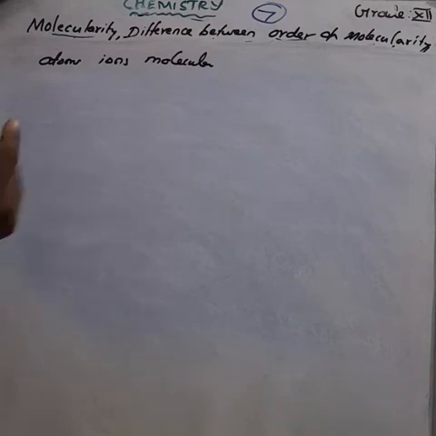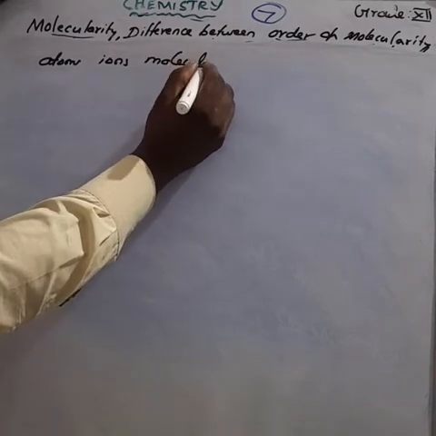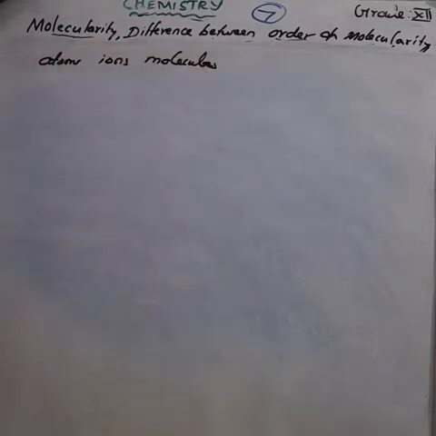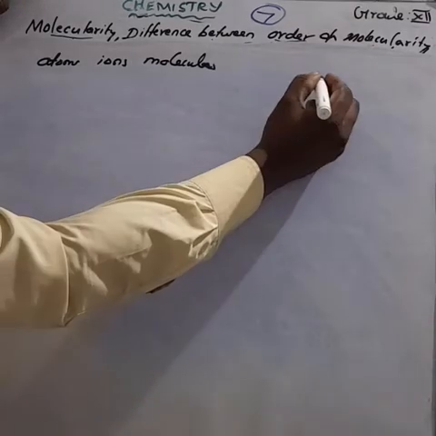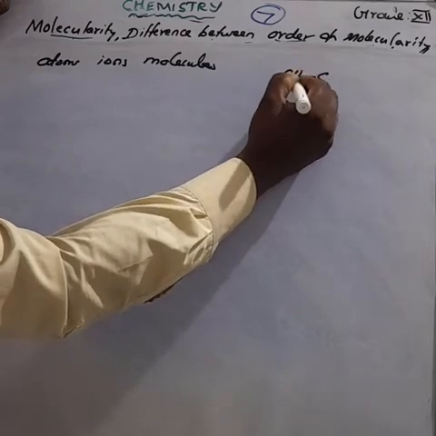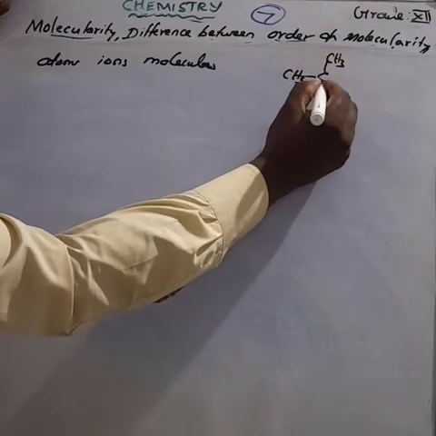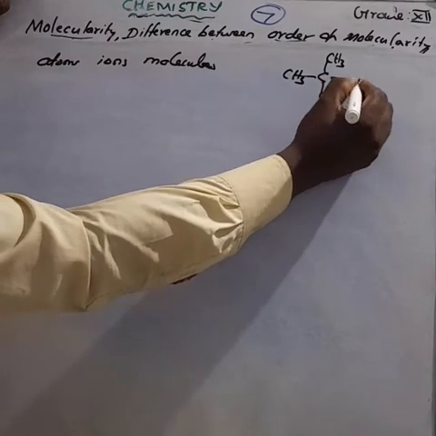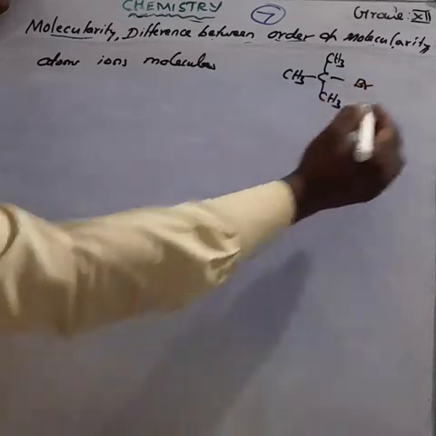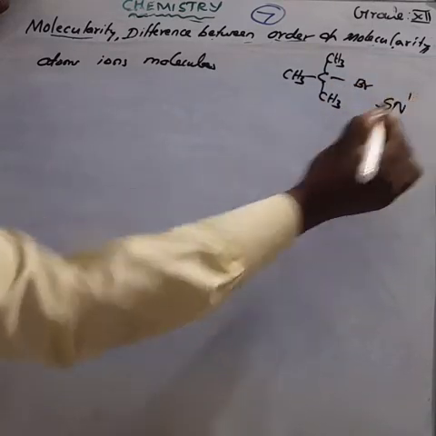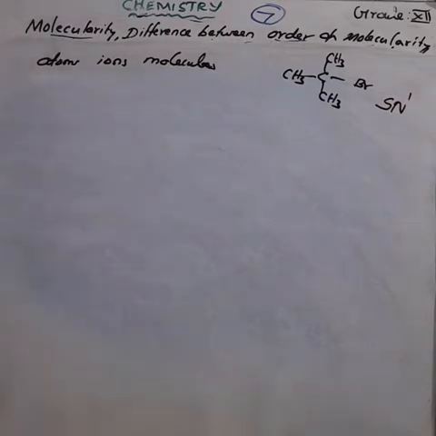That is called molecularity. Already in the 11th standard we discussed the hydrolysis of tertiary butyl bromide. Here is one example, the unimolecular nucleophilic substitution reaction, that is SN1. It is an elementary step reaction.